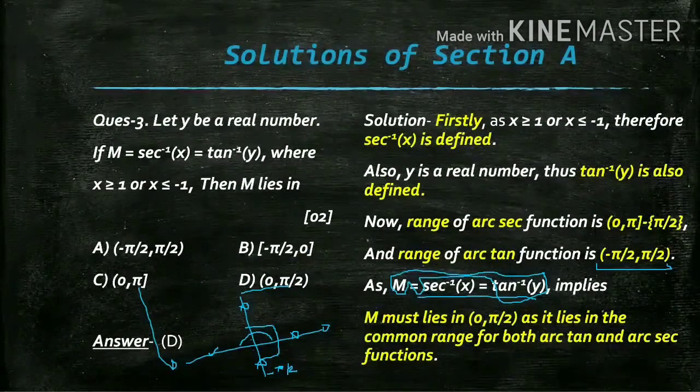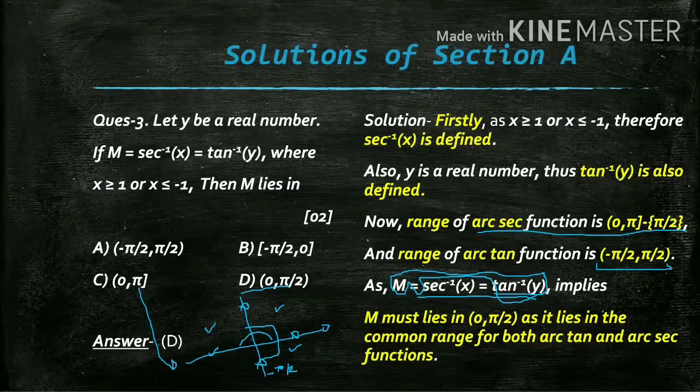So what is the common range that m can satisfy? Because if m lies in this region, then m did not satisfy the tan inverse y region. And if m lies in this region, that means this fourth quadrant, then m did not satisfy the range required for the sec function, arc sec function. So the common range must lie in the first quadrant only.